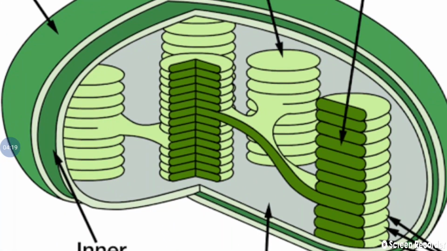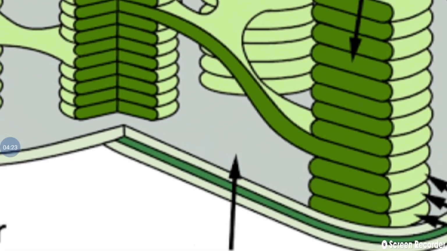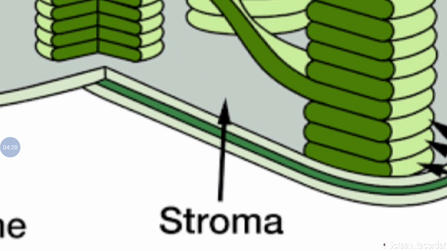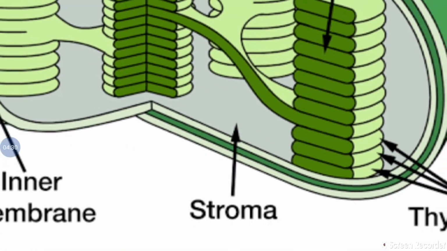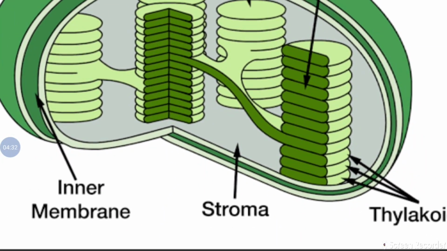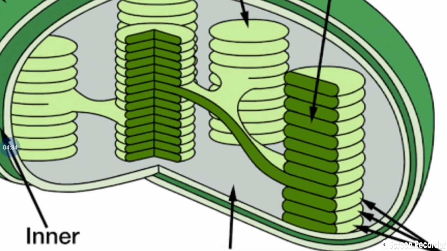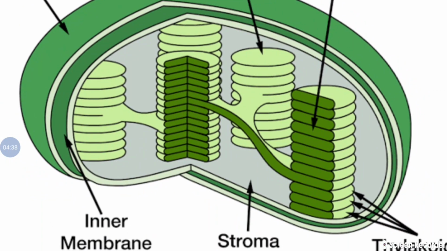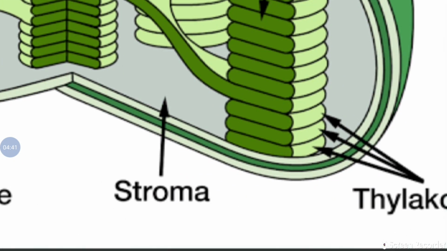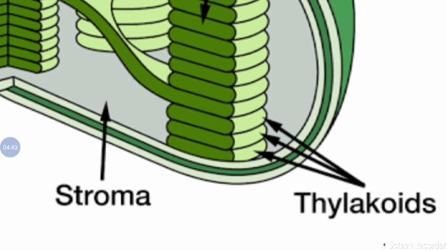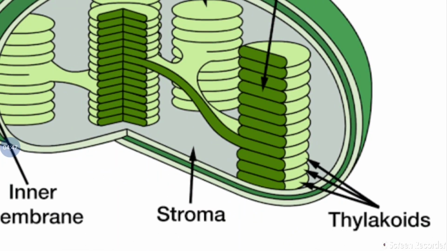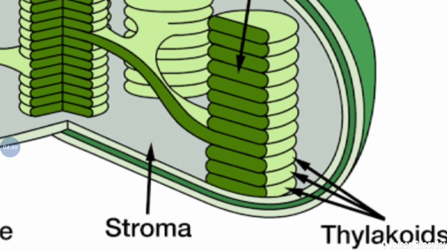The entire chloroplast is filled by a colorless area called the stroma. In the stroma, a third membrane system is distributed, called the thylakoids.